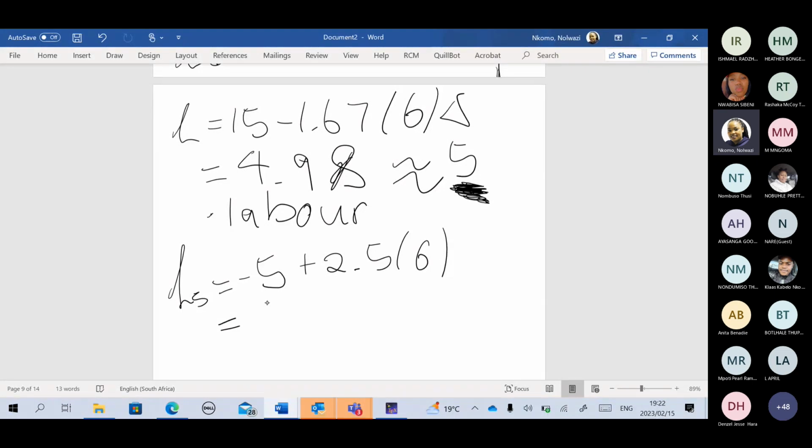This gives us 10 workers. And the company is only willing to hire 5 people. That means unemployment will rise by 5.